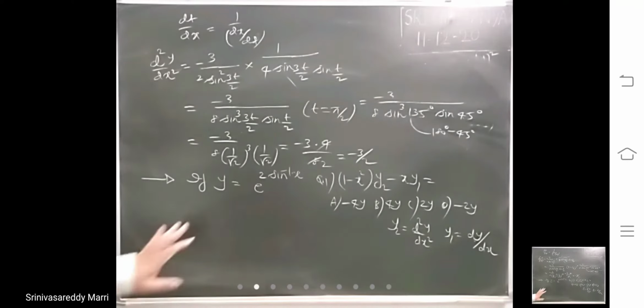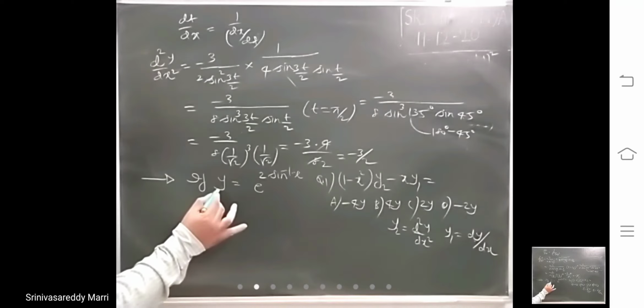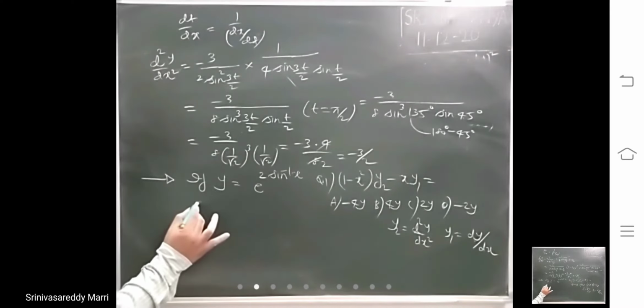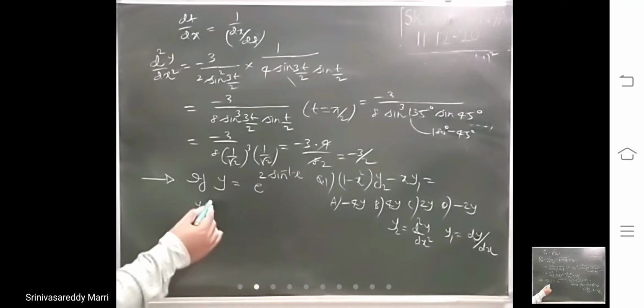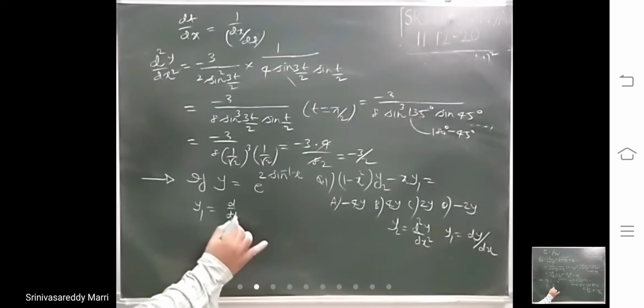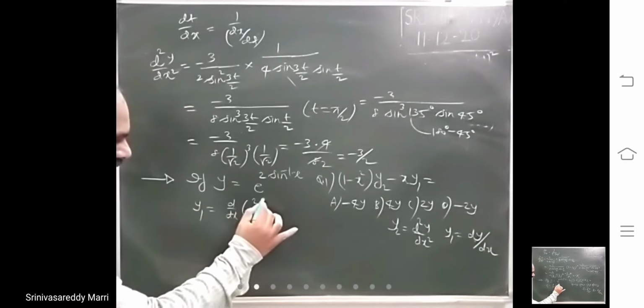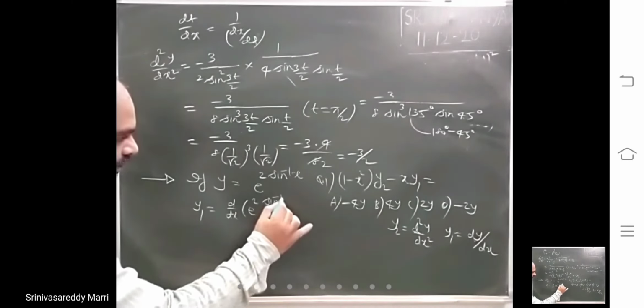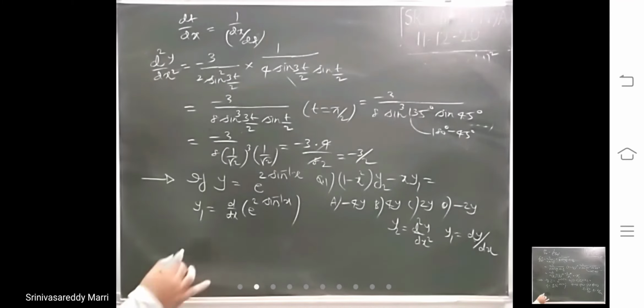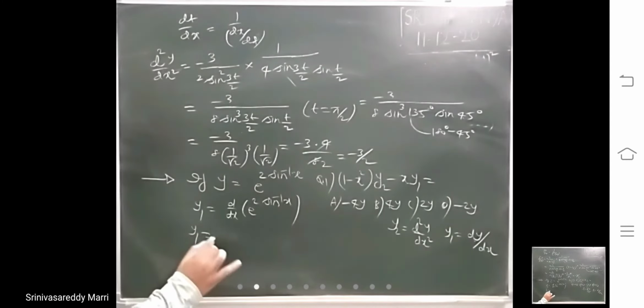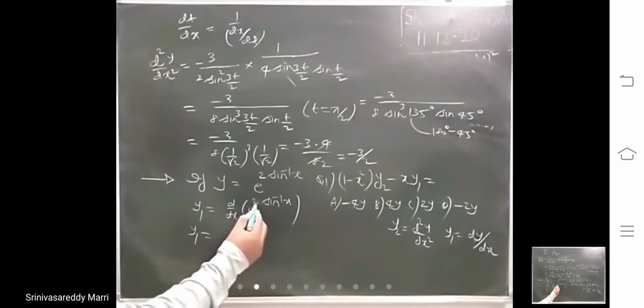Now first I have to calculate the first order derivative. Instead of dy by dx, shortly I will write y1. y1 means dy by dx, that is d by dx of e power 2 sine inverse x. Now I will do the derivative of this.